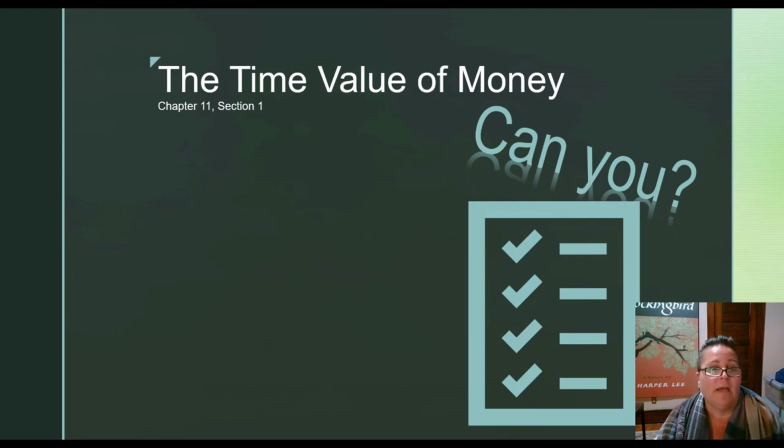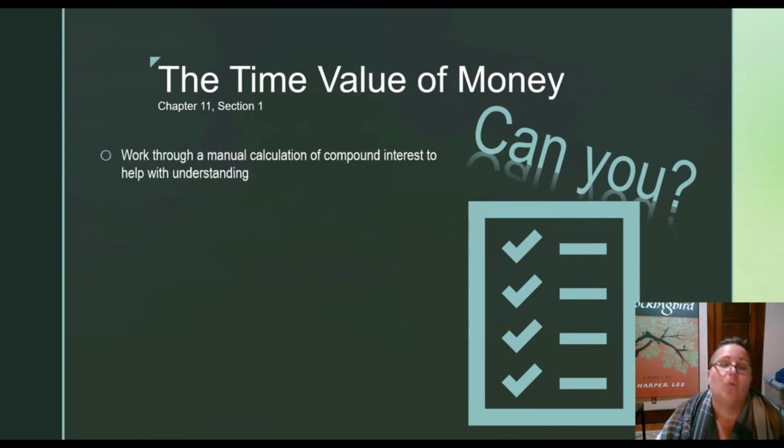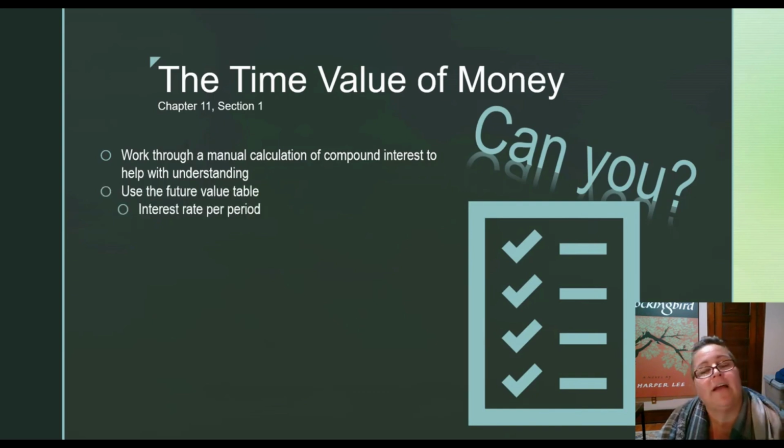So at this point, do you feel like you could work through a manual calculation of compounded interest to help you with understanding? Do you feel like it helped you? I'm not going to make you do another manual calculation, but do you feel like it helped you? Do you feel like you could use the future value table, including finding the interest per period and the total number of compounding periods?